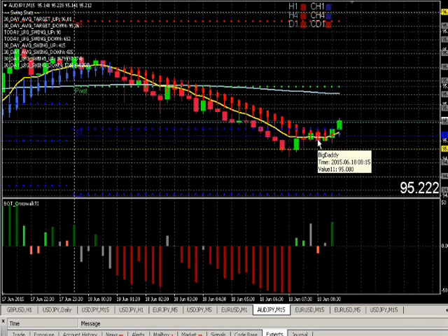So what I was hoping was that we've done all of our run for this pair for the day, or at least there's not going to be a resumption of the move, hopefully until London opens.